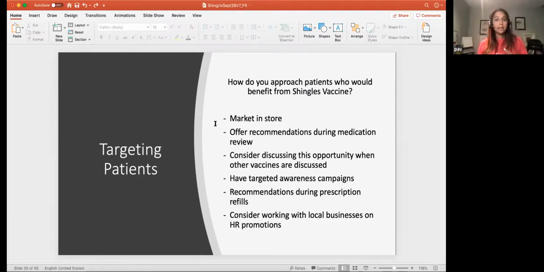Some may say yes right at that point, and it could be something they're open to paying for, or they may have private coverage for, that you're able to administer at that point. Or you could utilize a platform or set up a different time for them to come in to talk to you or have the administration. It's also really timely right now because flu season's coming.